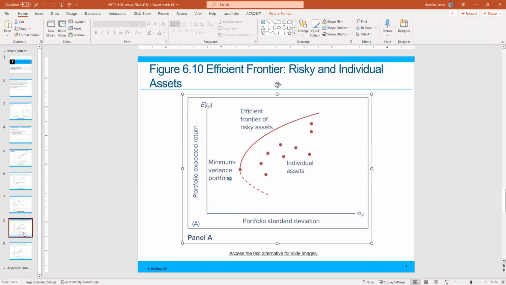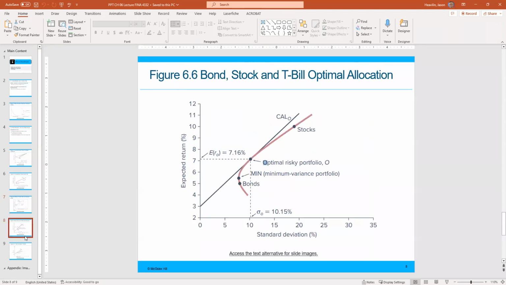Now, let's talk about what happens if we have a risk-free asset like a treasury bill, which we do in the United States. Without getting into the calculations, which are part of the Excel sheet video for the capital allocation line, when you combine these portfolios with a portion of T-bills or any risk-free bond, you can create this line, which is called the capital allocation line.